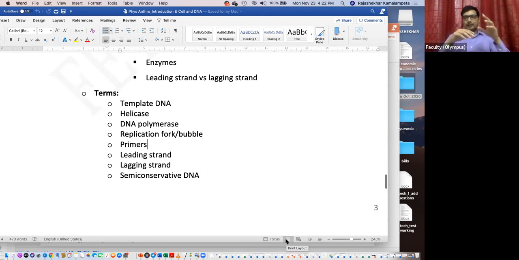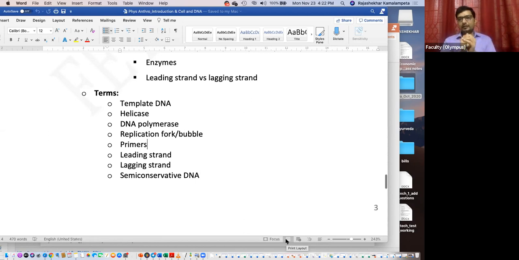So maybe the lagging strand might delay the whole process a bit, right? But overall, the rate at which it happens is very, very fast. We're talking about making a copy of the DNA within 23 hours in our cell, and the majority might go for the DNA synthesis itself, so it may take a few hours.